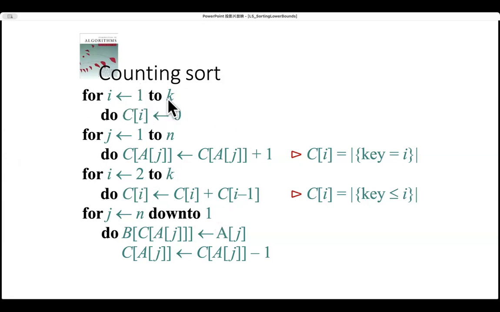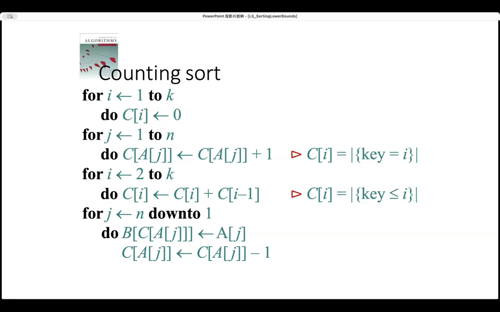It just contains 4 simple loops. So the first loop is quite straightforward, very easy to understand, right? Because you just initialize the auxiliary array, to assign 0 to every element in the auxiliary array.